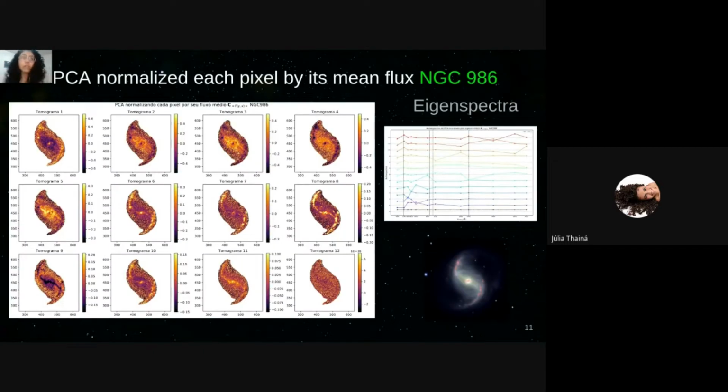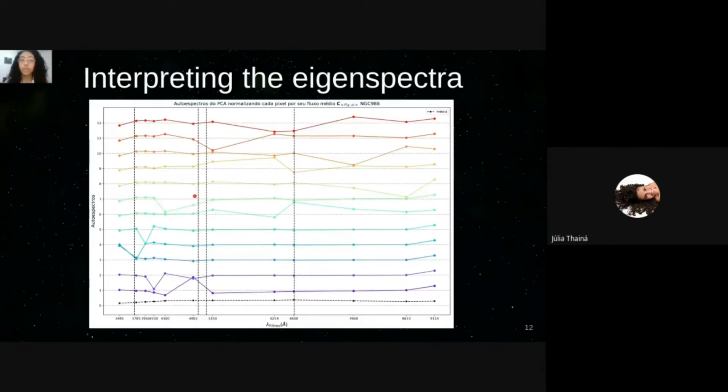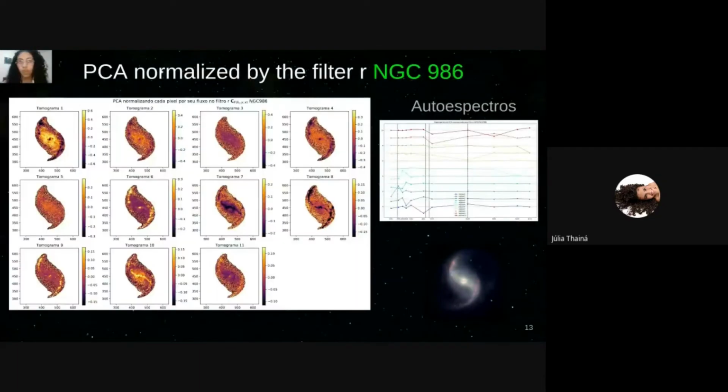Here we can see several tomograms with different structures, but the problem is that interpreting the eigenspectrum is really complicated, like this one, and unfortunately this happens for most of the tomograms. But a few cases are easier, like this.